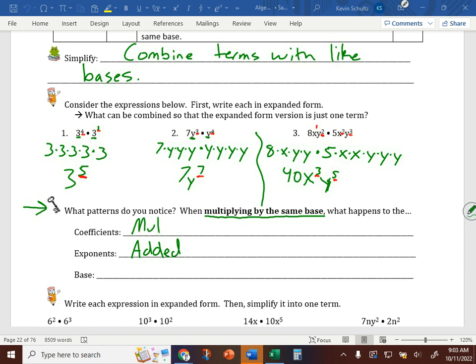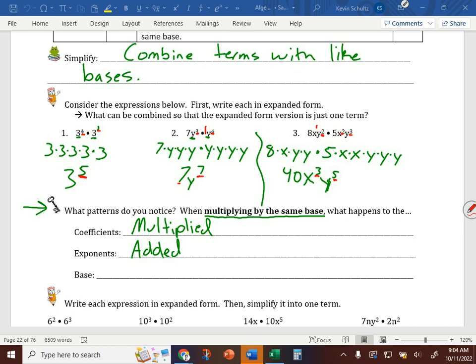So with this rule, coefficients are multiplied. And really, in that second one too, the hidden coefficient to this y term here is a 1, right? All these hidden 1s everywhere. But 7 times 1 still gives us 7 as a coefficient here, so it still works out there.